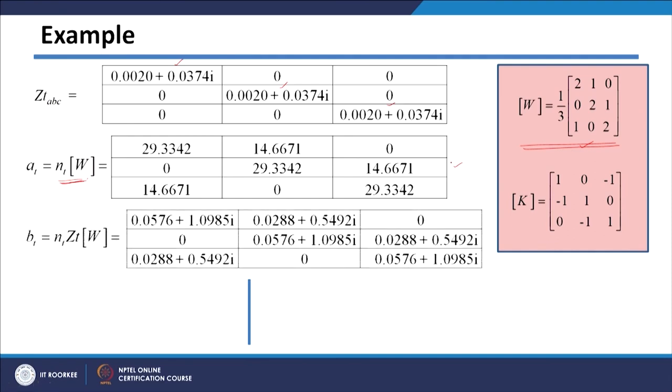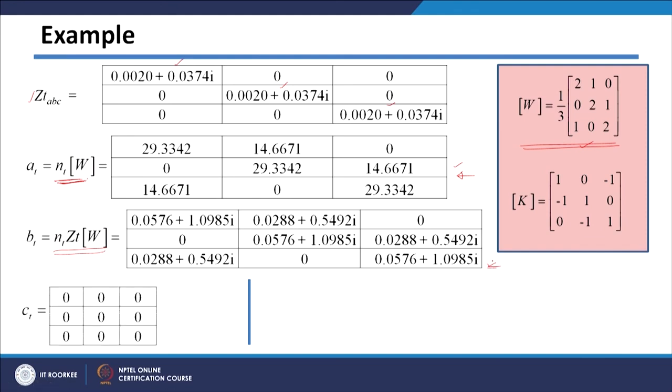Then for the B parameter matrix we have NT multiplied by ZT multiplied by W. Basically, this term we need to multiply by your ZT matrix. So, this is the multiplication of this matrix by this matrix. If you do this, you will get this matrix, which is nothing but your B parameter here.